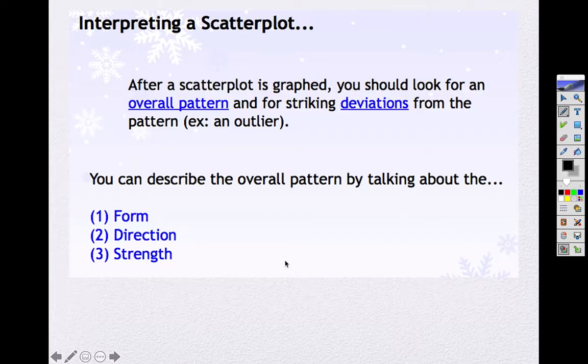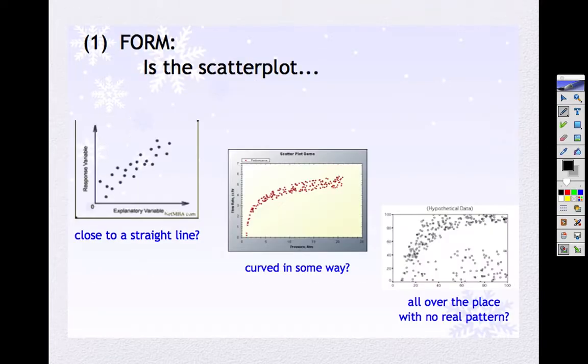So what we're going to look at first is what do we do when we interpret a scatter plot. Now remember, a scatter plot, where I'm circling right now, is where you have some sort of number variable on the x, another number variable on the y, and wherever the points match, they get a dot.